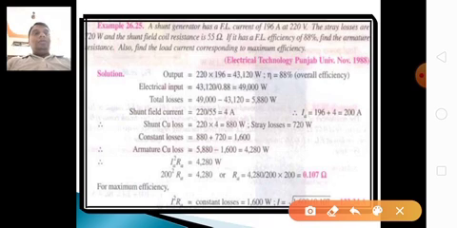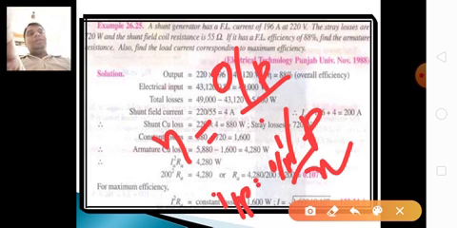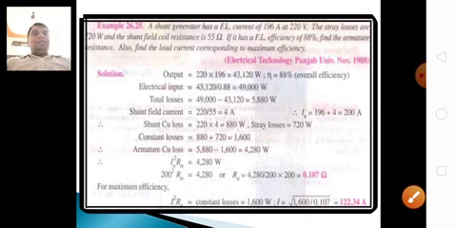From this we find the input, by cross multiplication.